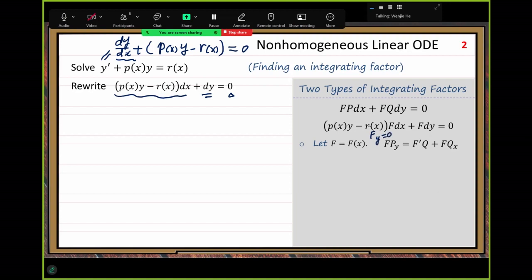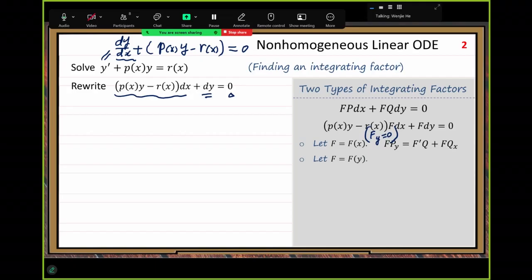If we do that exactness criteria checking, the f sub y term is gone. So the left-hand side will only have one term. Similarly, there is a second case.